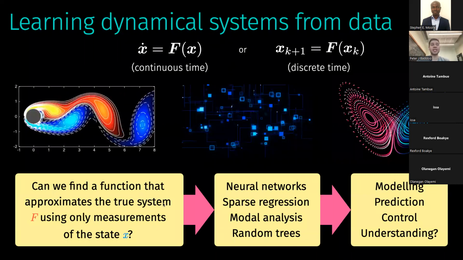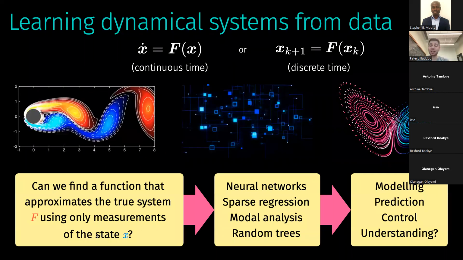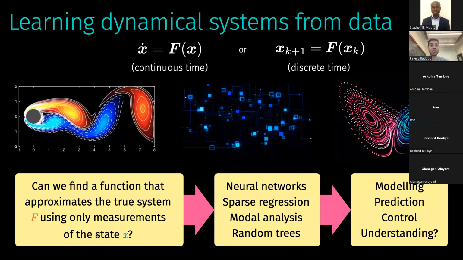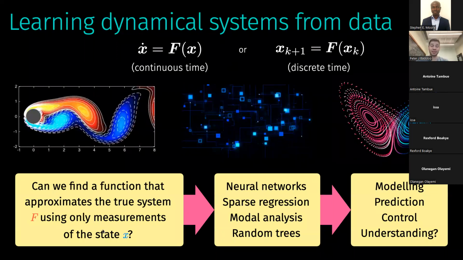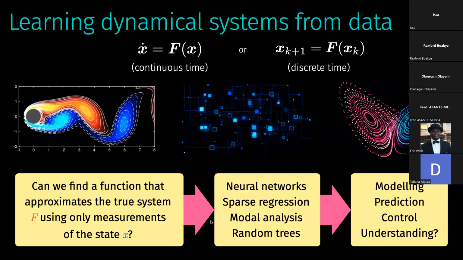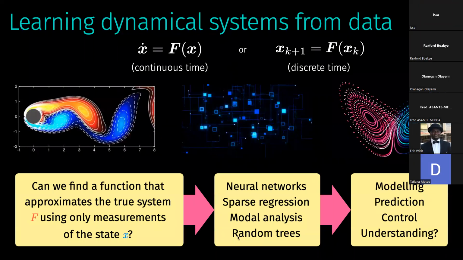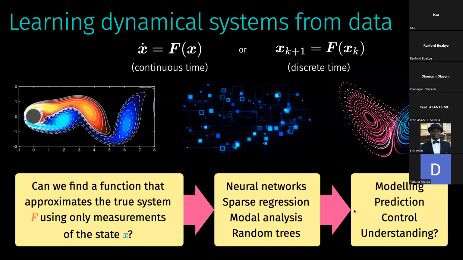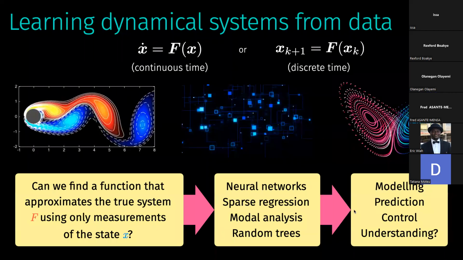So the question is, can we find a function that approximates the true dynamical system? And can we find that function just from data measurements of the system? There are various techniques to do that; I just listed 4 here. The aim of these techniques is to achieve various engineering tasks.